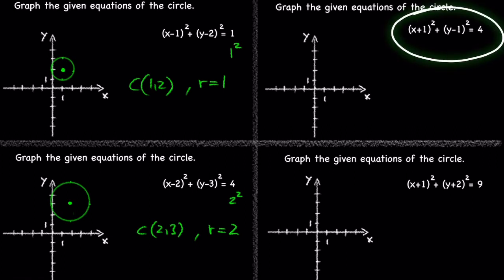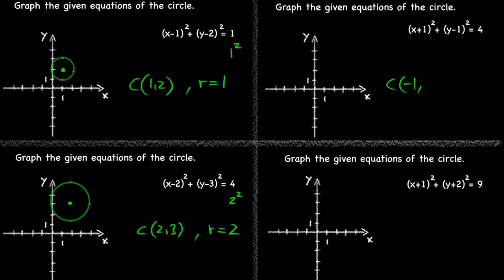What about this equation? How can we graph a circle out of this? We see that we have a positive 1 here, which means the x-coordinate of the center is negative 1. So if you have a positive number after the x or the y, the coordinate in the xy plane of that number is the opposite.